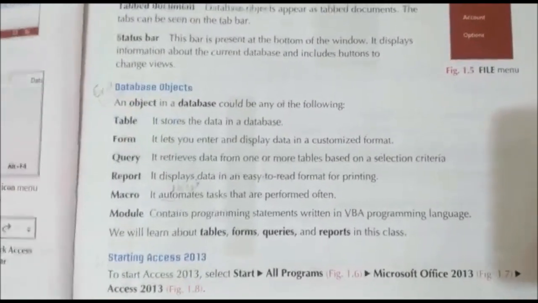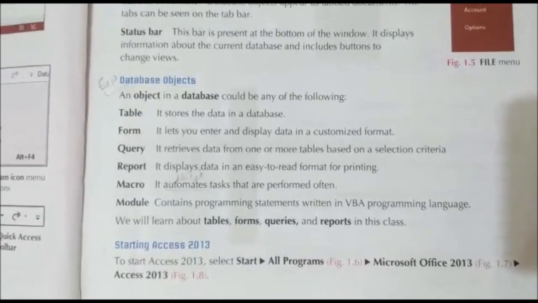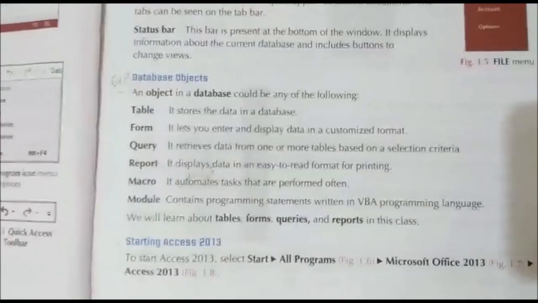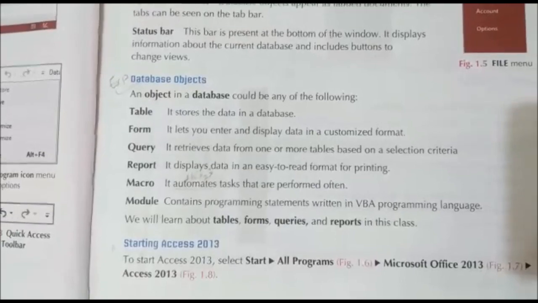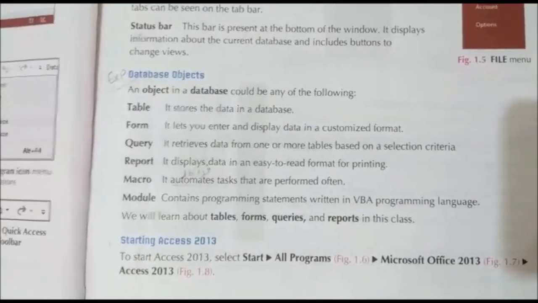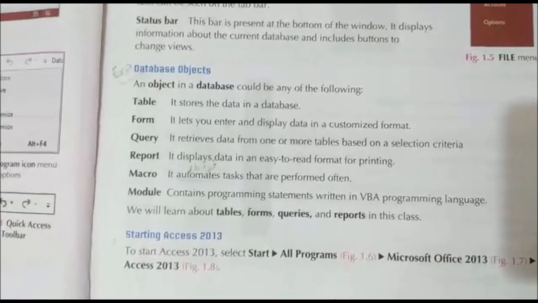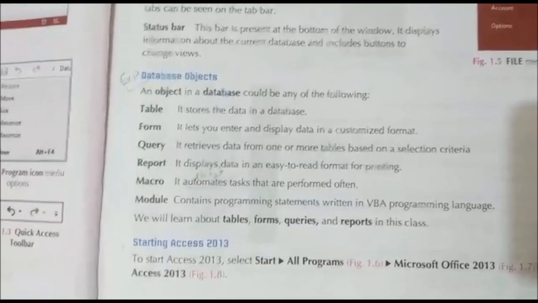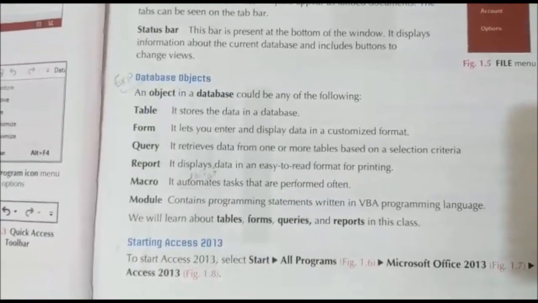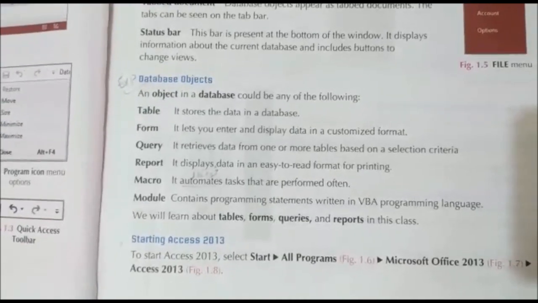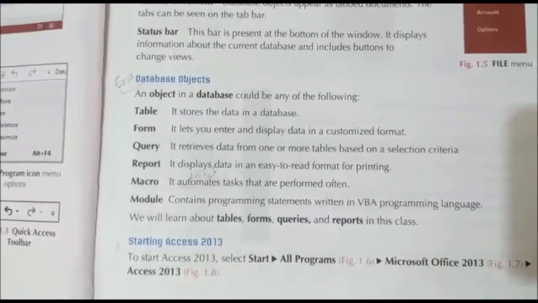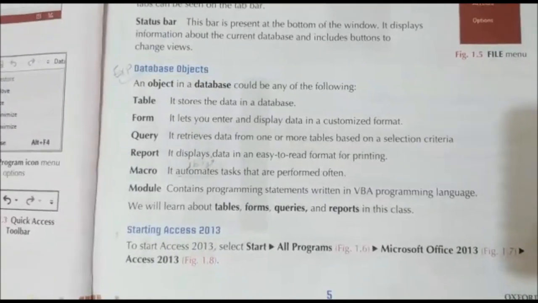The work of report is also to make your data in a proper format, but for printing, for paper, for reading. Macro, it automates tasks that are performed often. Those tasks which you perform regularly, it shows you that task. Module contains programming statements written in VBA programming language.